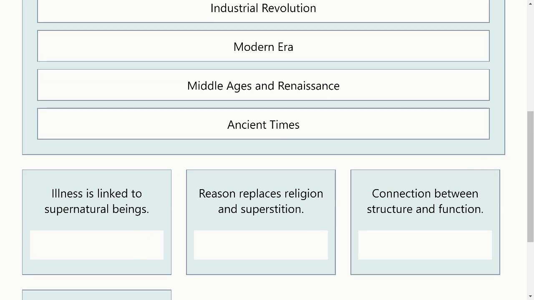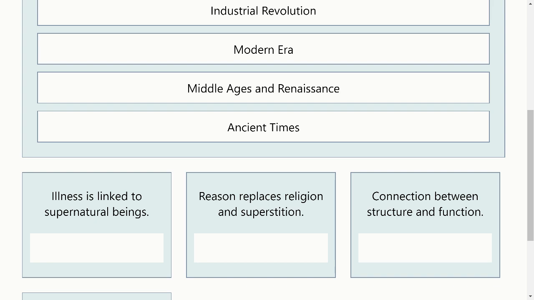You have modern era, Renaissance, the Middle Ages, and ancient times. What do y'all think goes where? Ancient times, illness linked to supernatural things.